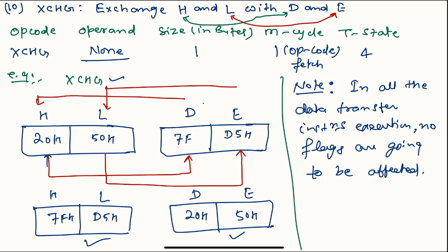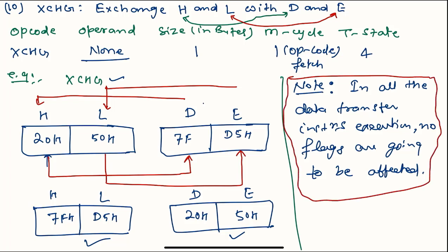Further, I'll teach you about the flags and their functionality in the 8085. The intention of this note is that whatever flags we have in the 8085, by the execution of all these data transfer instructions, no flags are going to be changed. Whatever their status before execution, even after execution the status of the flags does not change. It retains as it is. That is why I mentioned this point in the note: in all the data transfer instruction execution, no flags are going to be affected.